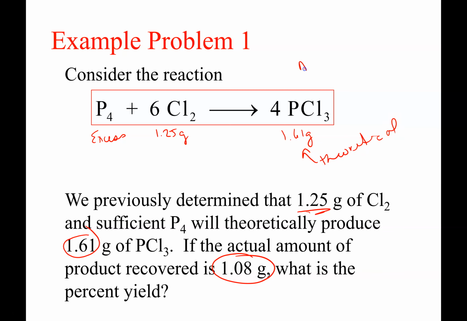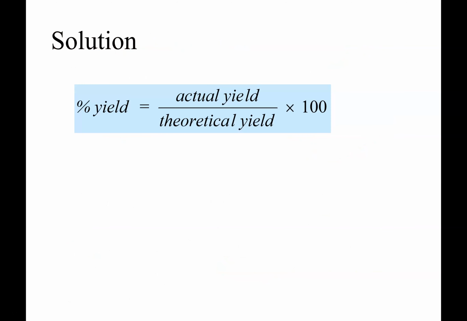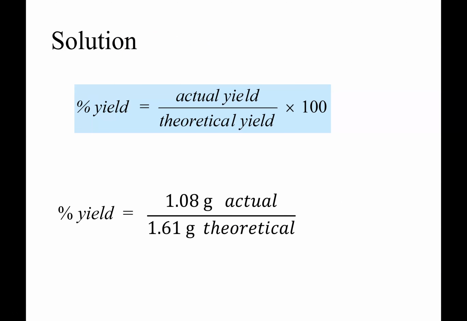And the actual is 1.08 grams. So you're a little bit low, that's okay. And again, sometimes people look at those yields and like, dang, you did awesome, because there's all sorts of things going on. So simply, all we need to do is plug in the 1.08 grams that we actually got, divided by that 1.61 grams, which we thought we should get, and then multiply it by 100%. And we're definitely going to give ourselves 3 sig figs, so you're looking at 67.1% would be your yield, which, like I said, might be something to go out and celebrate.